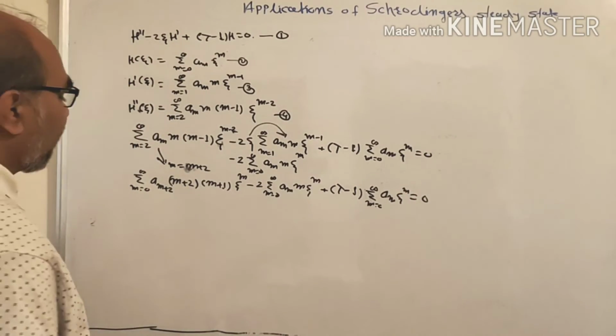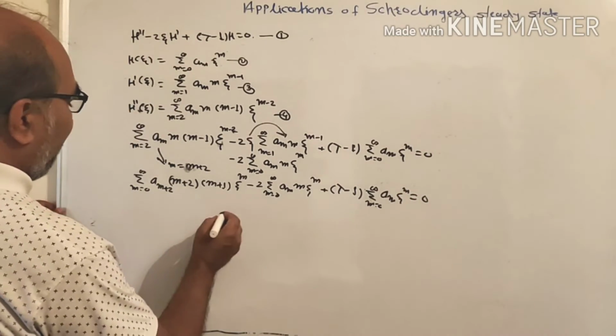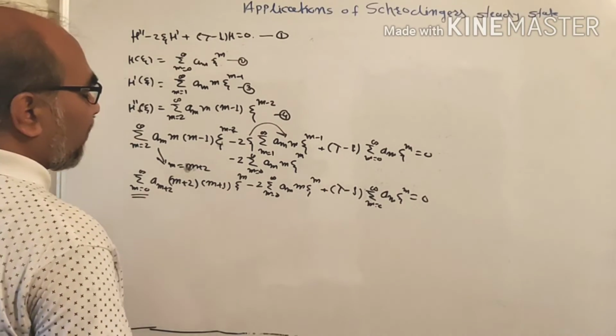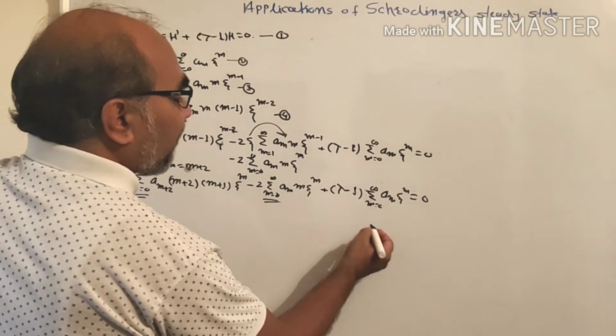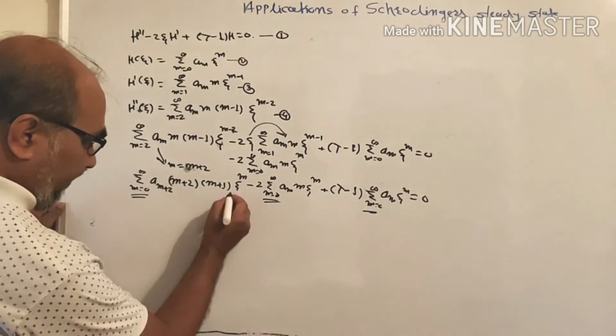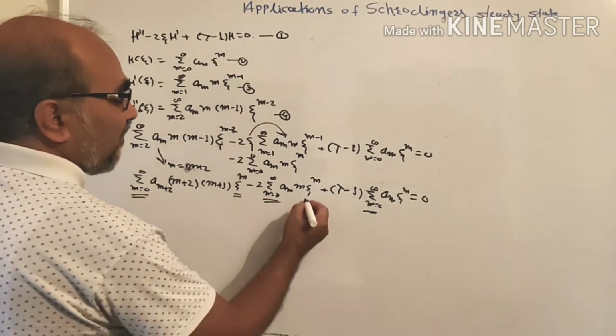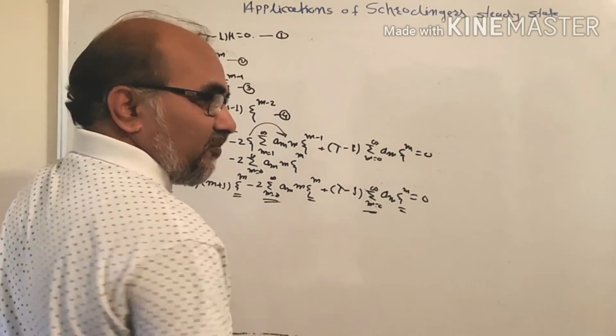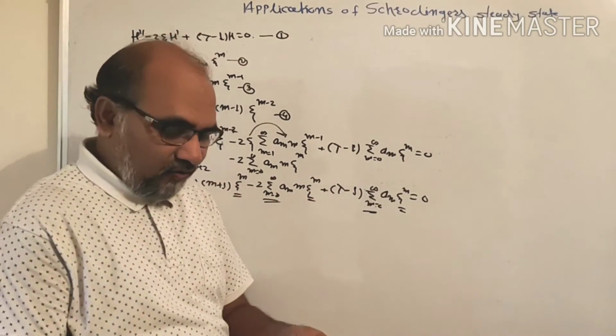Now the summation m tends to 0 to infinity and zeta raised to m we take common outside.